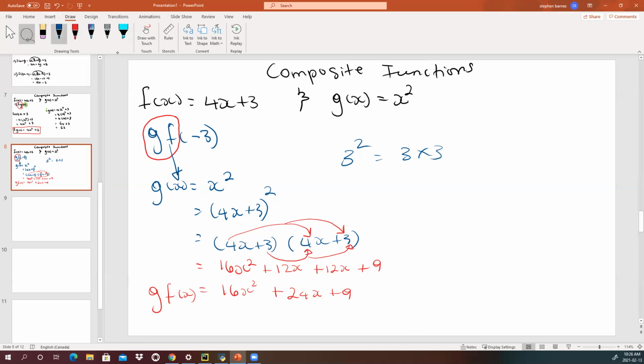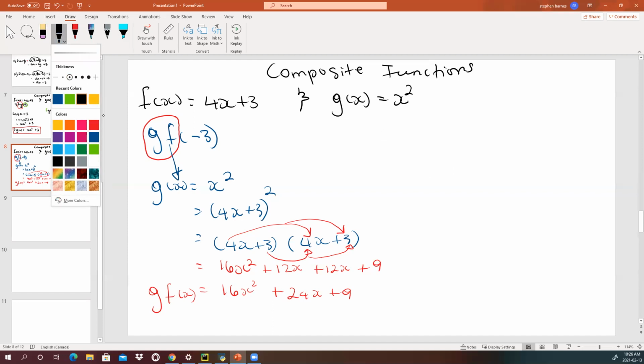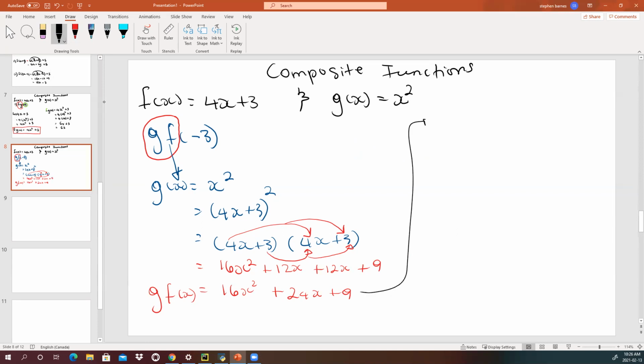The question, however, is not yet finished, because the question had initially asked us to find g of f of minus 3. So now that I have what g of f is, I can now substitute minus 3 into it, right? I can find the negative 3 input of that domain value. I'm just going to write it up here.